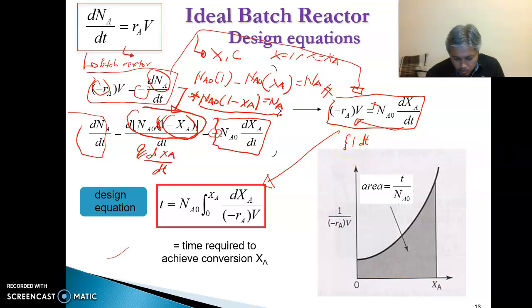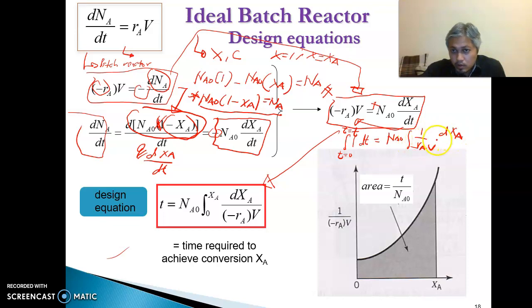So we can put t equals 0 to t equals t, equals Na naught here, integrating 1 over negative rA V. We bring this to the right hand side and put dXa.